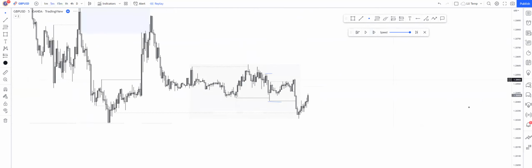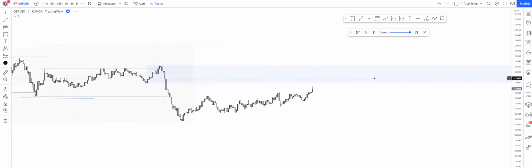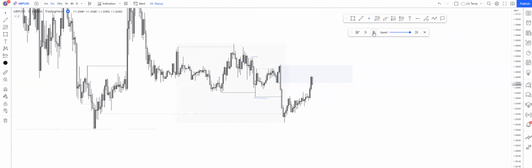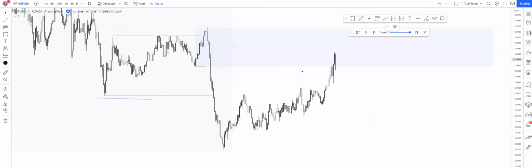So let me drop down time frames. This is an untested strong high, so we could get a reaction. So we have a high right there. There are stops here, so they're taking out the stops, getting to a POI.